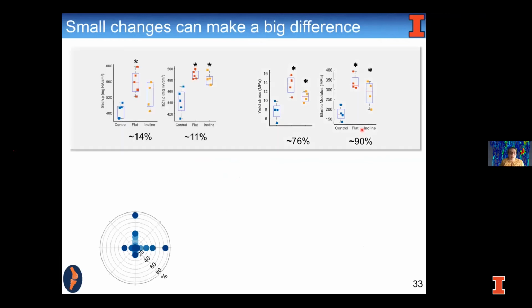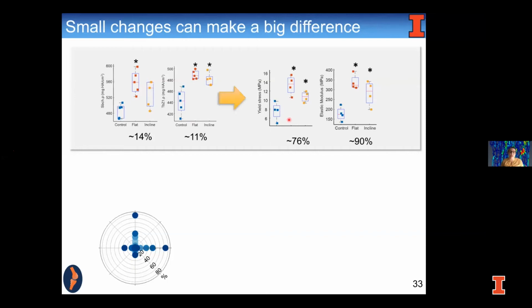But I think one of the take-homes that we're really excited about is that these small changes in structure and density that we observe, so here an increase in subchondral density of 14% and a nominal increase of 11% in trabecular thickness, resulted in these really significant changes in terms of the mechanical properties.